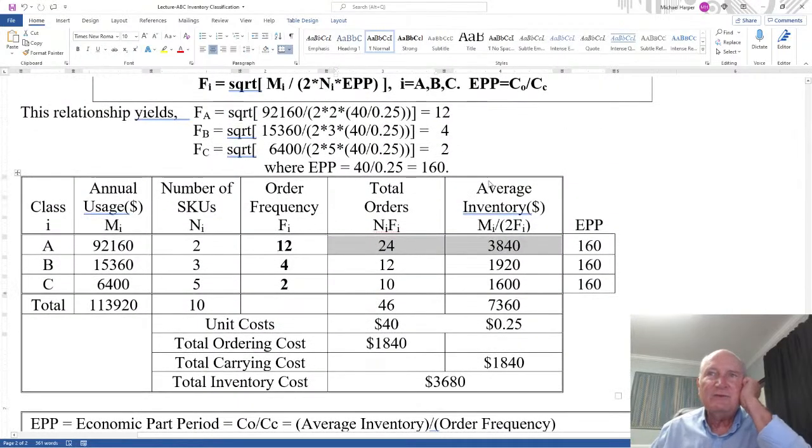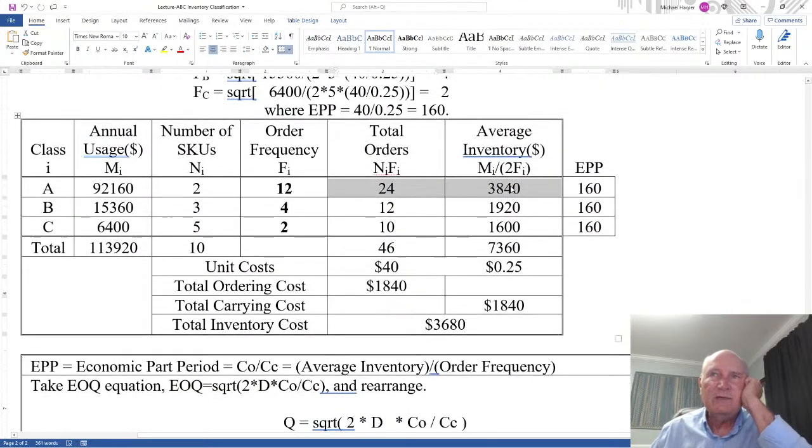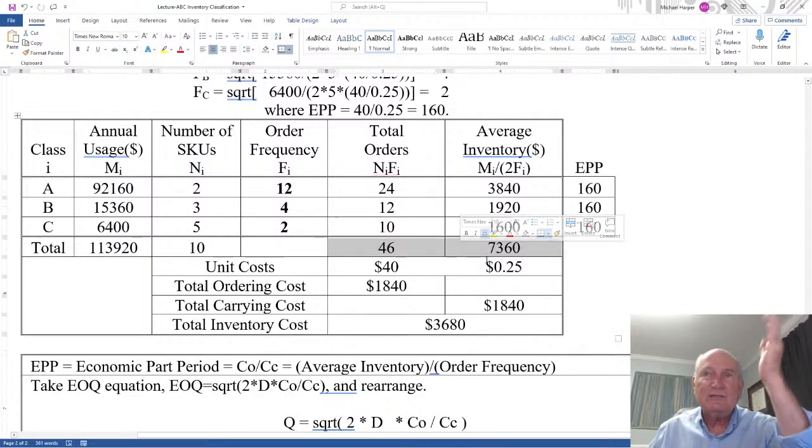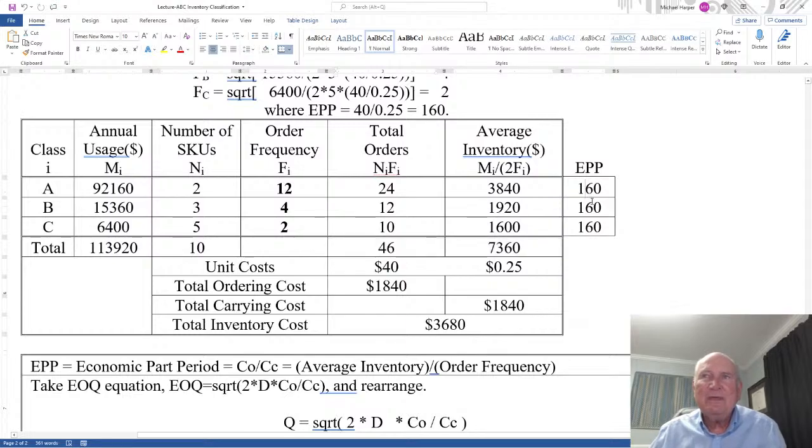So if I take my average inventory, 3840, divided by my order frequency of 24, that ratio turns out to be 160. 1920 divided by 12 is 160. 1600 divided by 10 is 160. As a matter of fact, I'll ask you, if I took 7360 divided by 46, would I get 160? I hope you said yes, because you would. Okay, so EPP is an optimal EPP to minimize your cost.